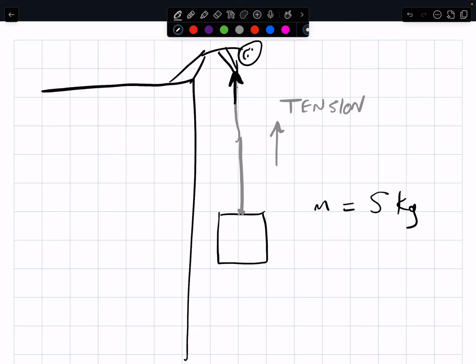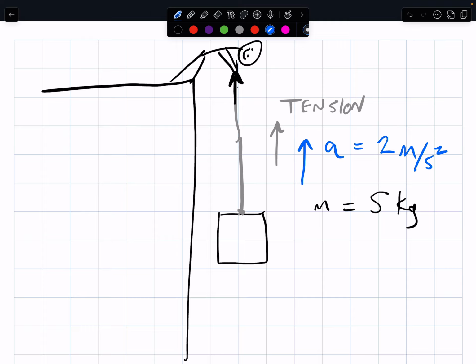So how much force do they need to exert on this object so that it has an acceleration of 2 meters per second squared? All right. So F equals ma, net force equals ma.